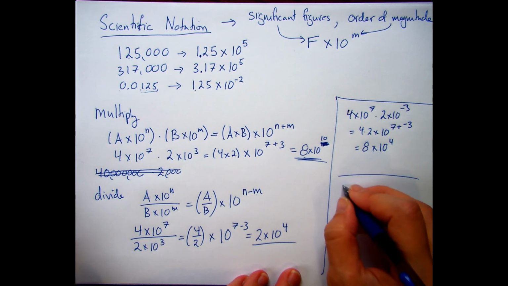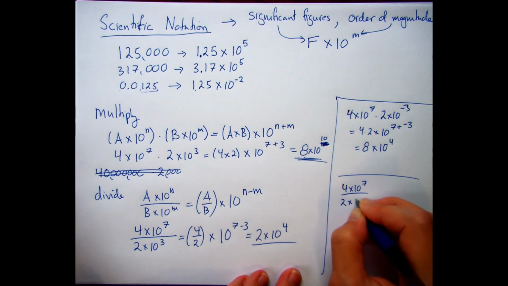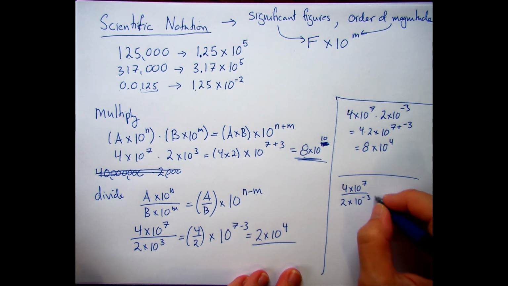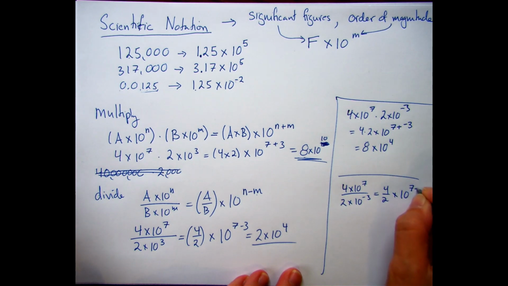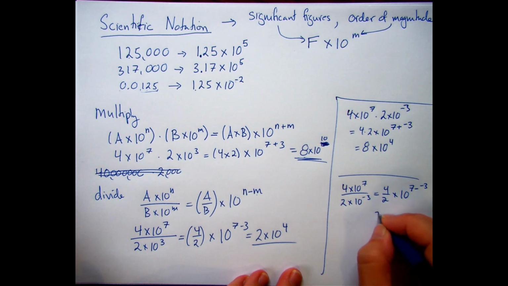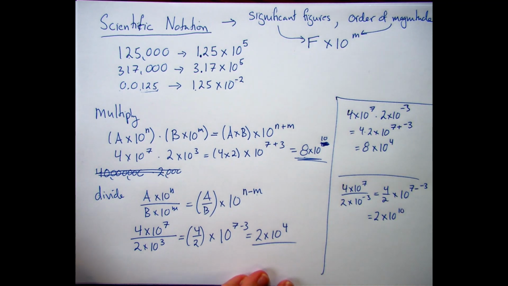Similar when you're dividing, 4 times 10 to the 7 divided by 2 times 10 to the negative 3, that'd be 4 over 2 times 10 to the 7 minus negative 3, and minus a negative number is plus, so that would be 2 for the significant figures, and then 7 plus 3 is 10, so that would be our answer. So just watch the negative numbers, they're a little tricky.